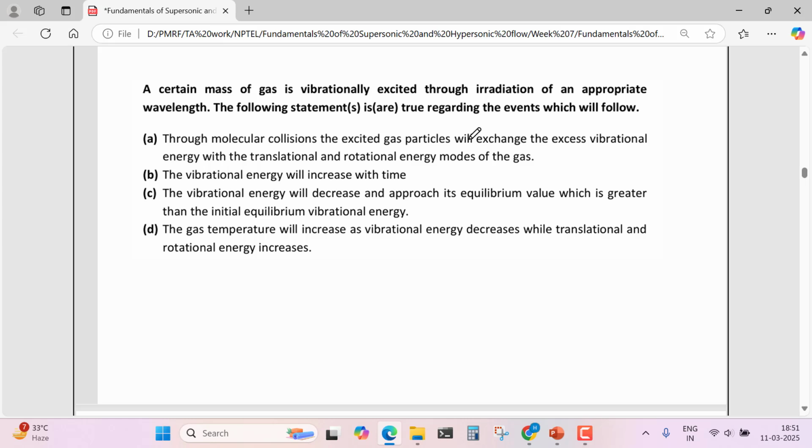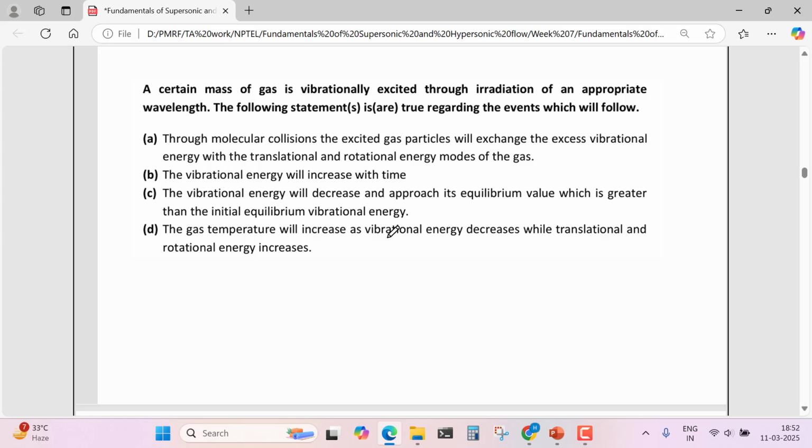Option A: through molecular collisions, the excited gas particles will exchange the excess vibrational energy with the translational and rotational energy modes of the gas. Option B: vibrational energy will increase with time.